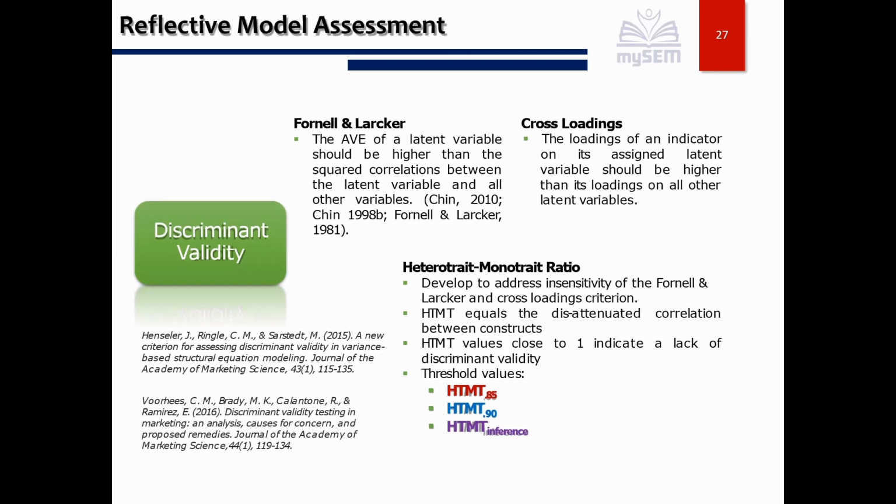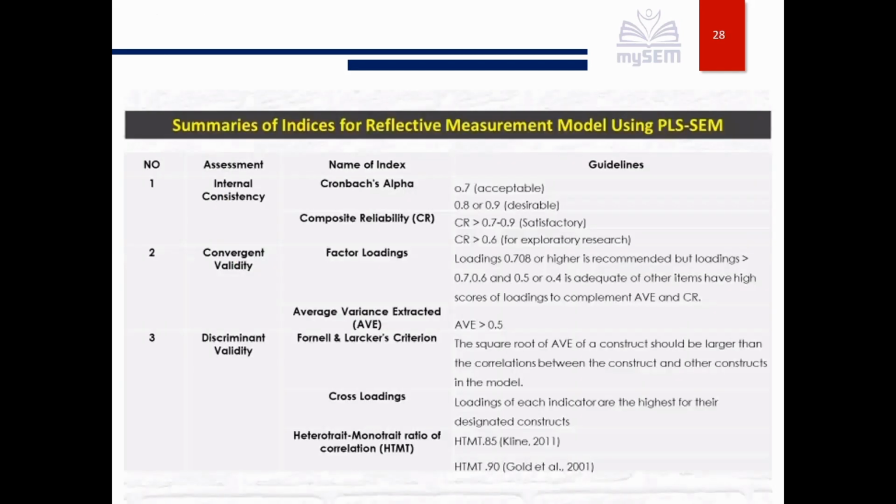Discriminant validity basically examines the similarity between latent variables. For the HTMT ratio, we have two sources: one says the value should be less than 0.85 and the other 0.90. Of course, it has to be less than 1, otherwise it will be red color in the analysis output you will get.